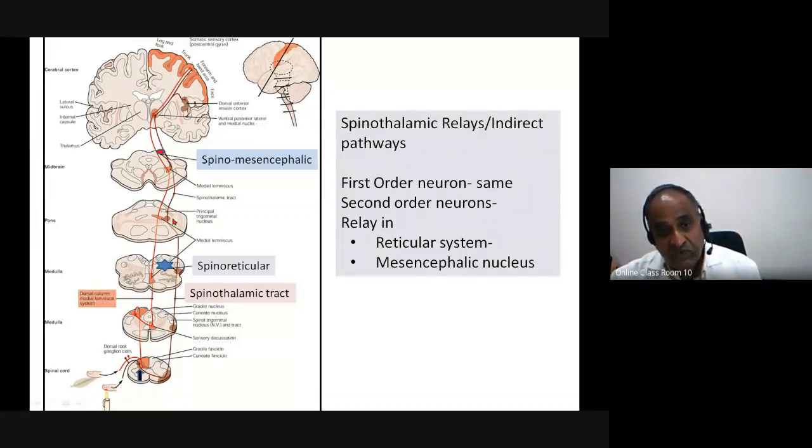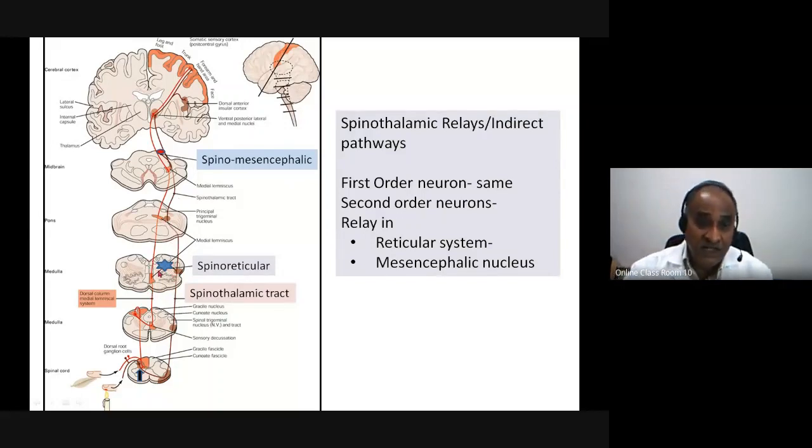So now in this reticular system, the collaterals are given, and that forms the spino-reticular network. That means each of these collaterals they give to the reticular system.